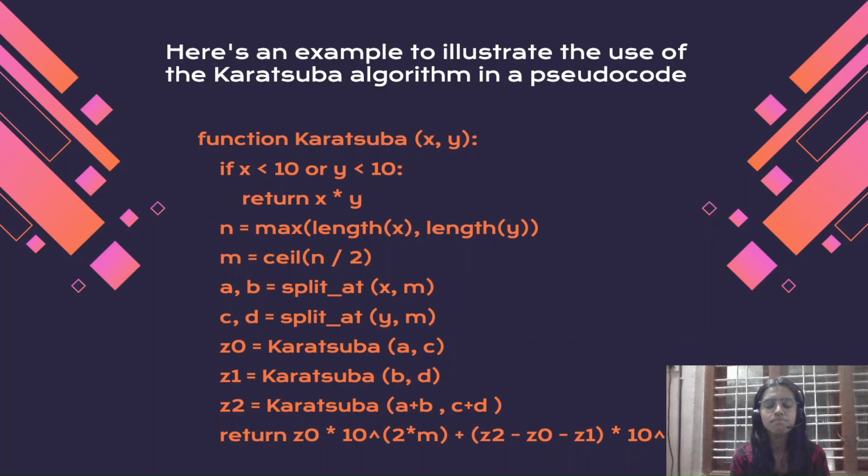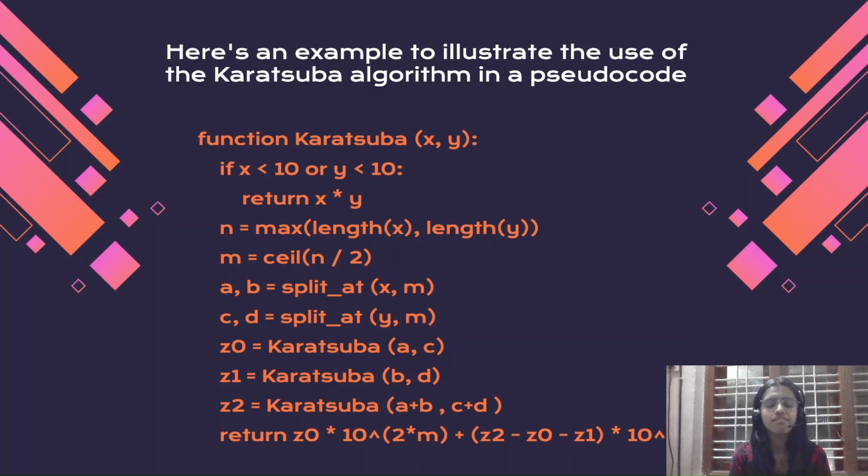The next step is a comma b is equal to split at x comma m. So m is the number we have got already by doing n by 2. At this point we are going to split x with the parameter m. Similarly, c comma d we are going to split at y and m as the parameters.